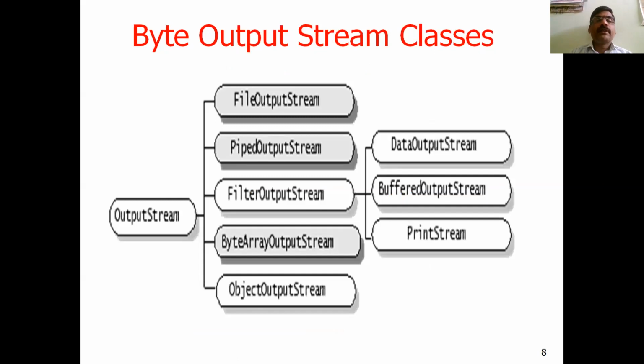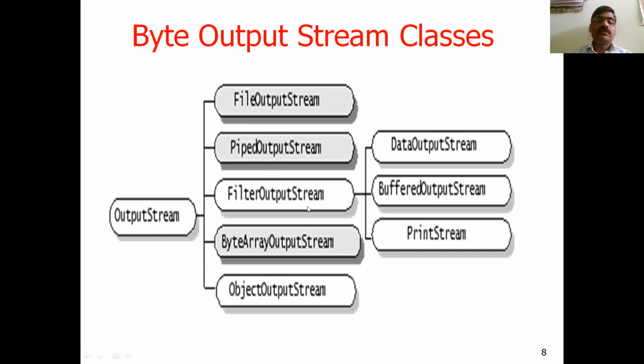Then coming to the byte output stream classes, they are used for writing operations. Output stream is the base class. From this base class, the predefined subclasses are file output stream, piped output stream, filter output stream, byte array output stream, and object output stream.